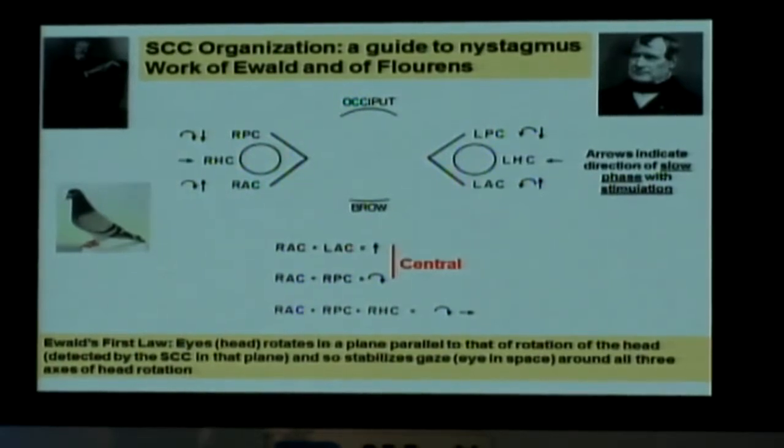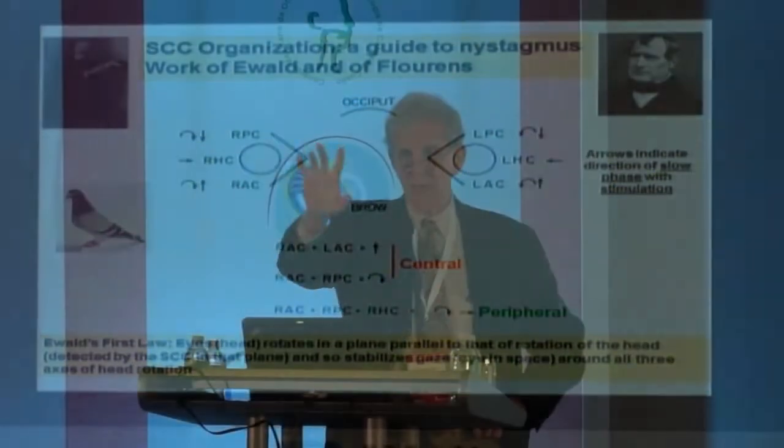Pure vertical and pure torsional is almost always central. It's almost impossible from a peripheral lesion to get an absolutely pure vertical or an absolutely pure torsional. Few exceptions, but rare. And of course, if you just take out the whole labyrinth, and any of you who've done a labyrinthectomy know this, you see a mixed horizontal torsional nystagmus.